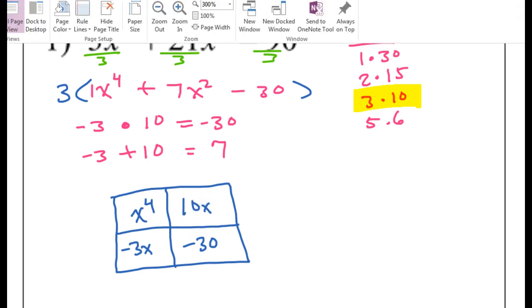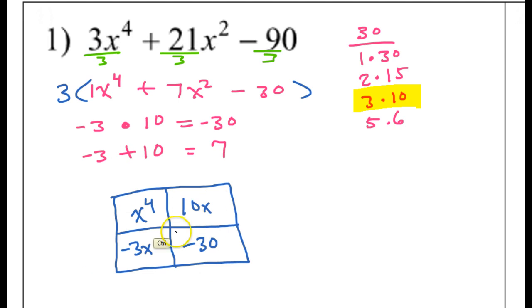Next, we need to find the GCF of every row and every column. The GCF of the top row is going to be x. The GCF of the second row is going to be negative 3. Actually, I need to pause here for a second.